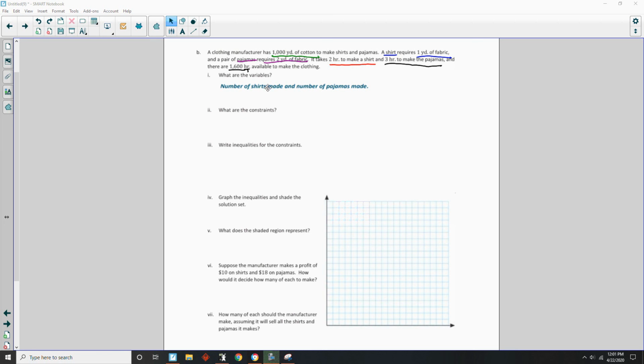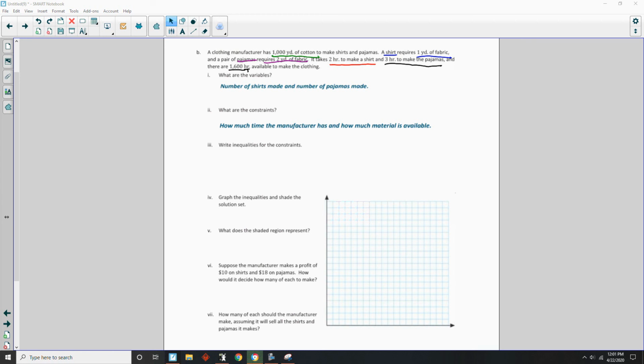Well, there's only 1,600 hours available to make the clothing, so there's a time constraint. And there's only 1,000 yards of cotton to make them. So how much time the manufacturer has and how much material is available are the two constraints. Then it says to write inequalities for these constraints.